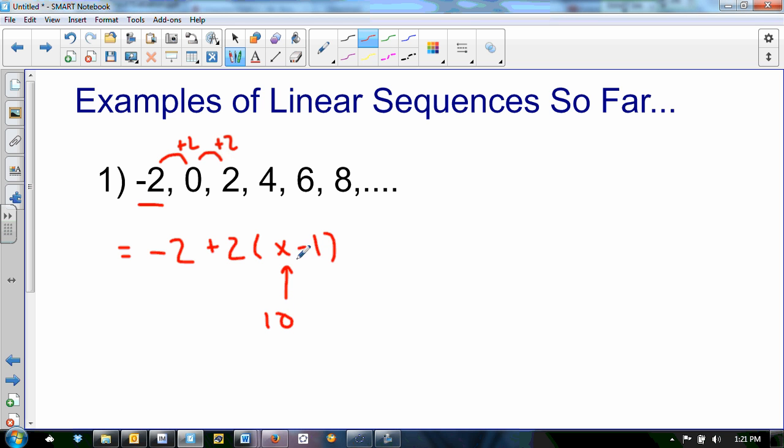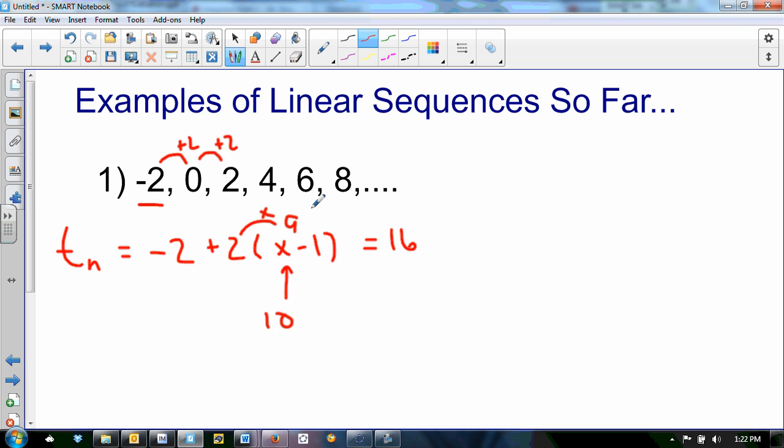So if I let x be 10, this will tell me what the 10th term would be. We've been calling this the nth term, so in this example, n would be 10. We would find the 10th term, which in this rule would be 10 minus 1 is 9. 2 times 9 is 18, and 18 minus 2 would give us 16.